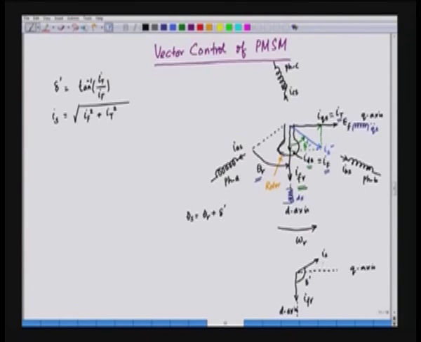Again here Is can be decomposed into two components. One is IQS, the q axis component of the stator current, and the other is IDS, the d axis component of the stator current. Now we can see here that IDS is opposing IFR.